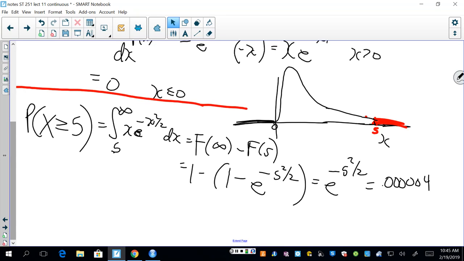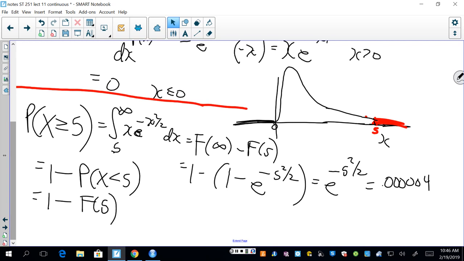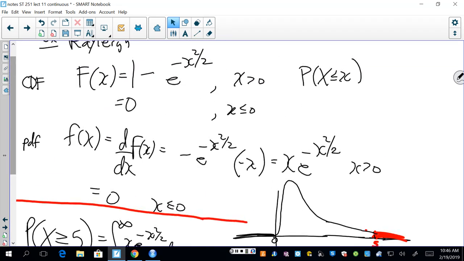So you can also approach these problems by taking first 1 minus the probability that x is less than 5. So 1 minus the cumulative of 5. That's essentially what we had over here. But before going to the integral, sometimes you could do the logic of the 1 minus to get the opposites, and it might simplify things a little bit. If things are stated in terms of cumulatives, this is the probability that x is less than or equal to that.